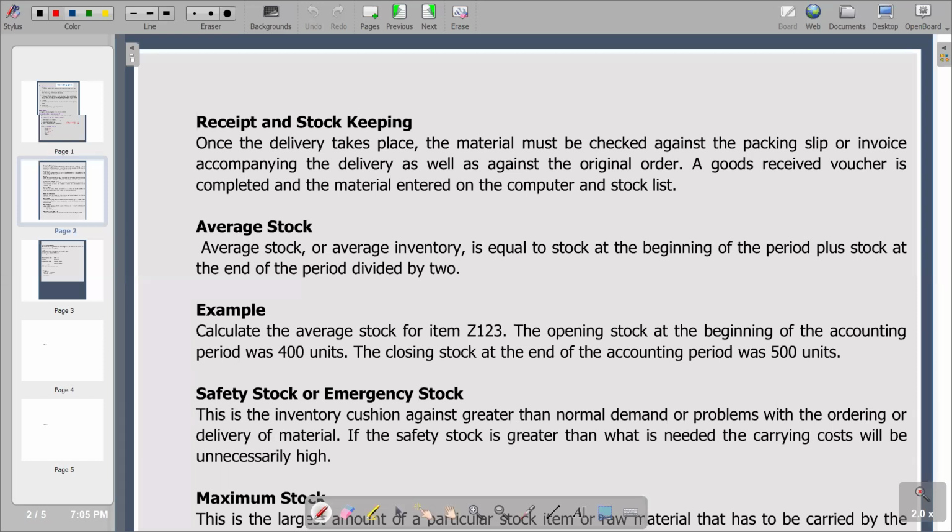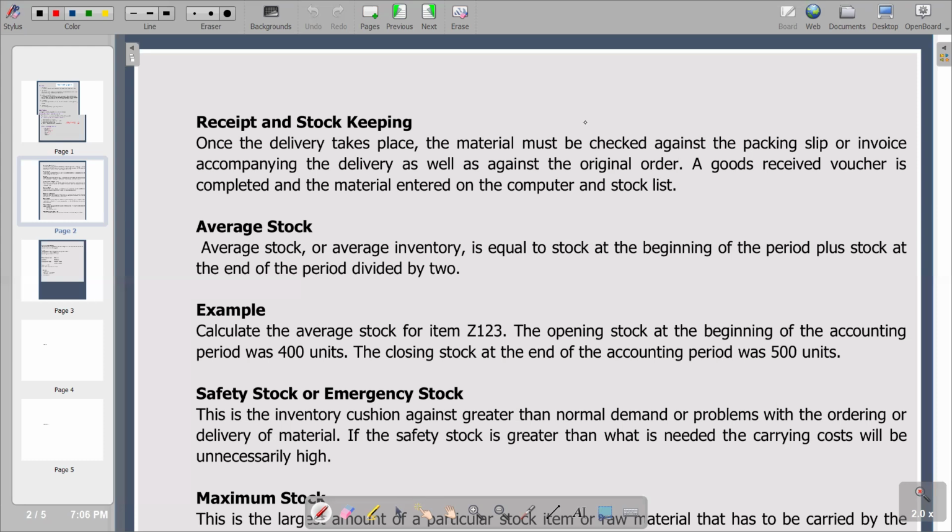So we have to check the order against the goods being received, to see if we are receiving the exact goods that we ordered. A goods received voucher is computed and the stock list updated. We have to post whatever we have received in the system of the company, depending on the system being used in that company.